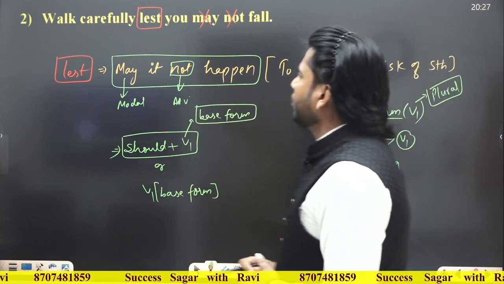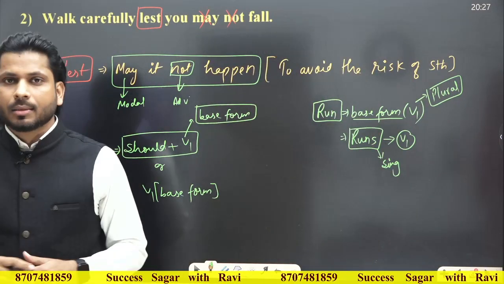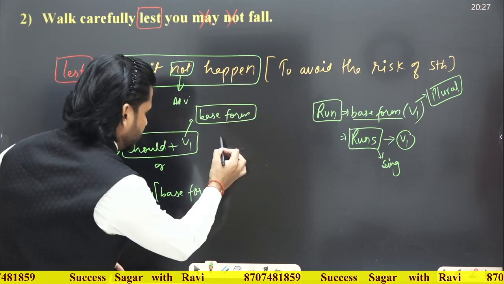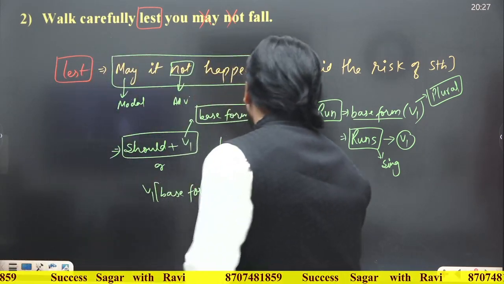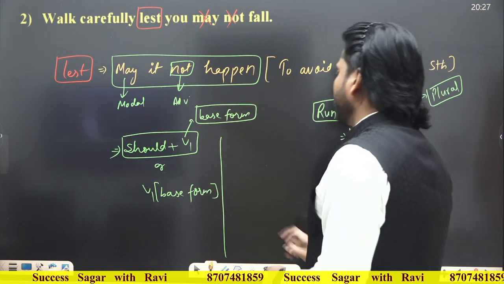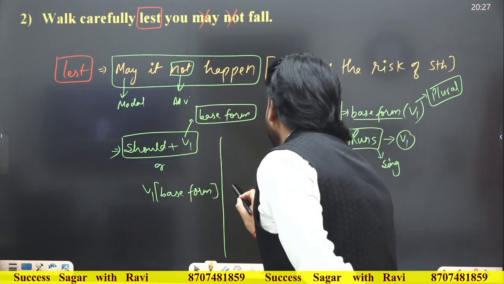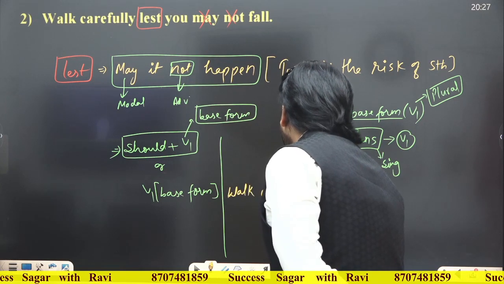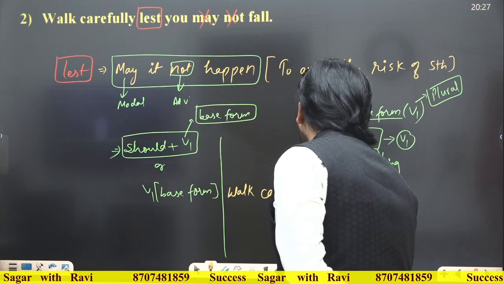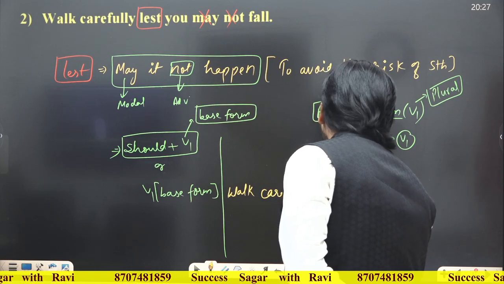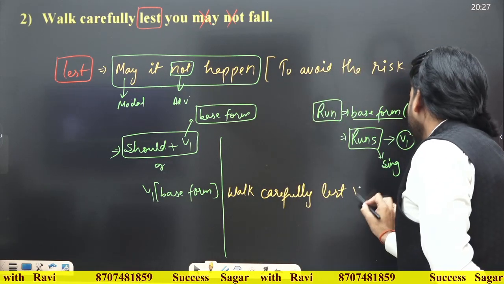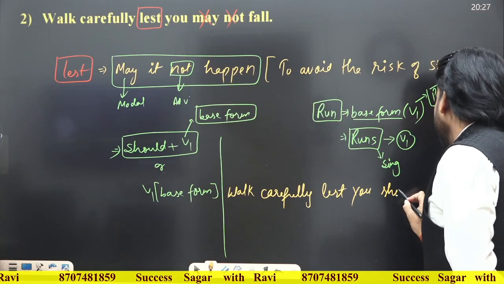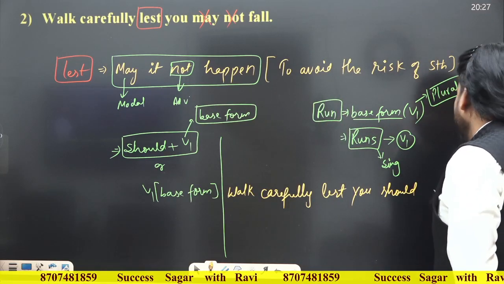So how will we correct this given sentence? Let us understand the two methods we can use. According to the first method, we can use should followed by the first form of the verb. It means the given sentence should be like this: Walk carefully lest you should fall.